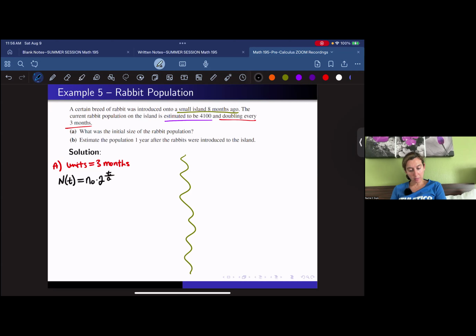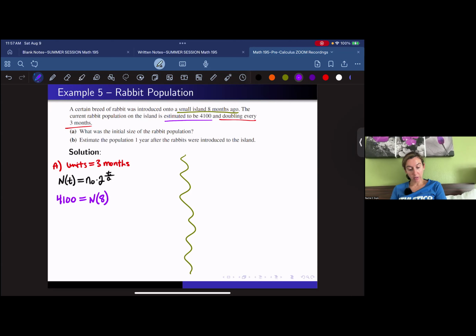And it's saying the current rabbit population is estimated to be 4,100. So 4,100 is the current rabbit population 8 months in.